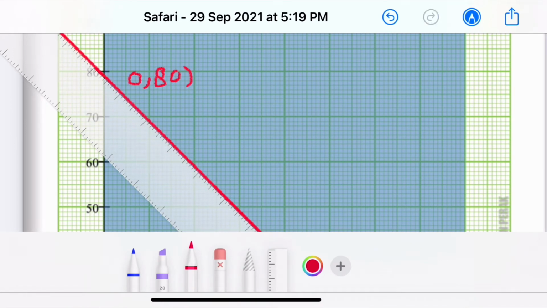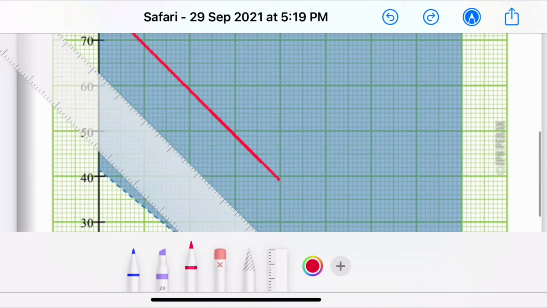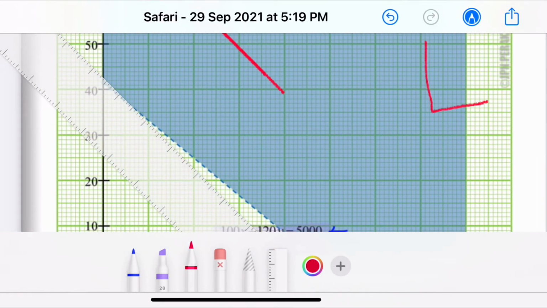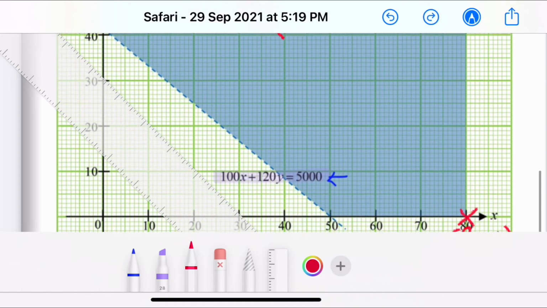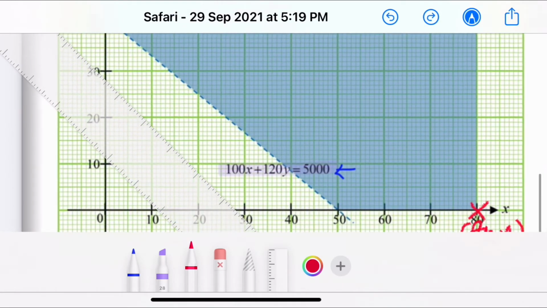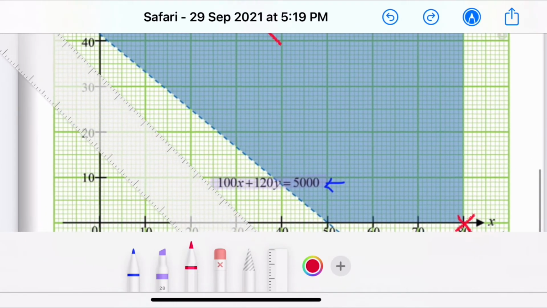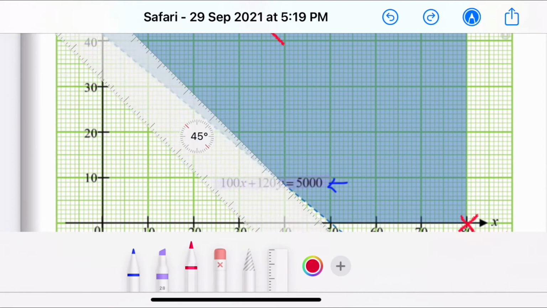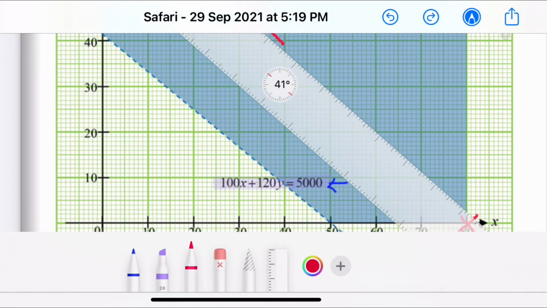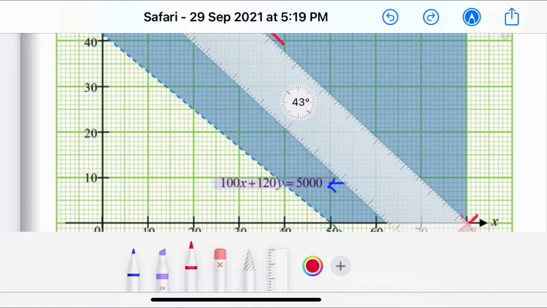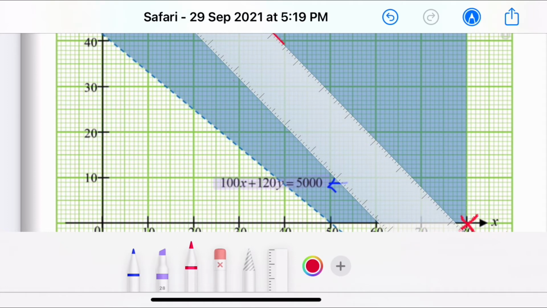Now where is the 80? 80 is here, right? So let's continue from that point. It will be overlapping here, so make sure it passes through the 80 here.